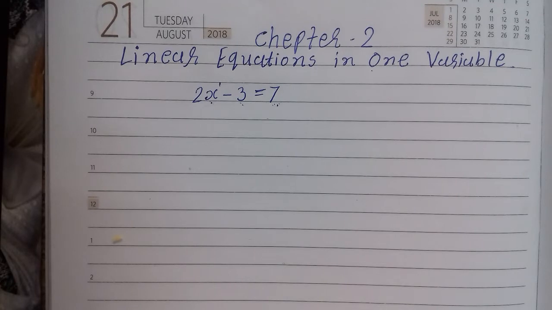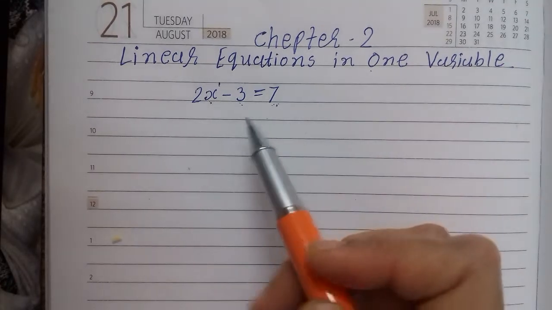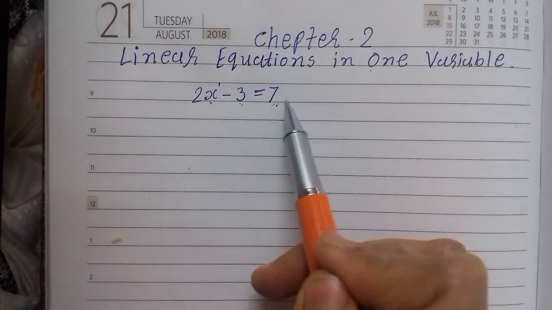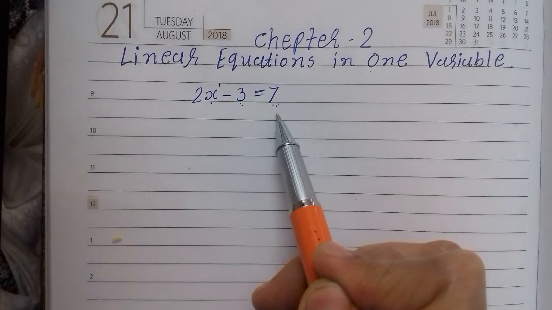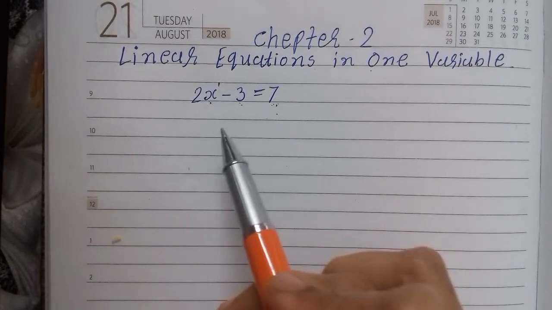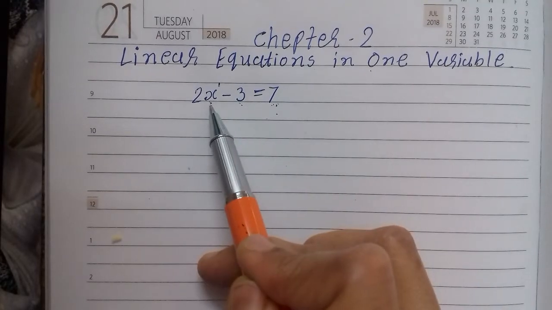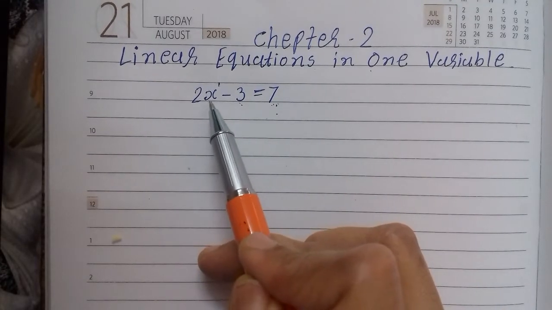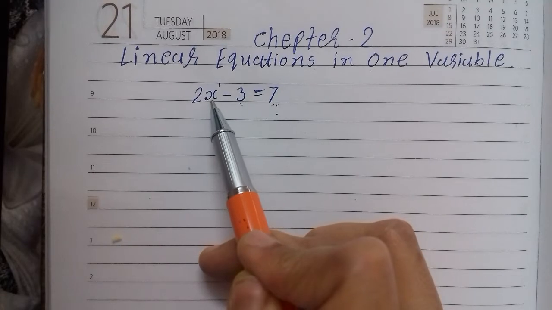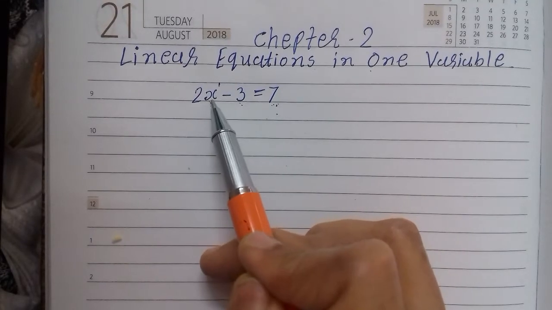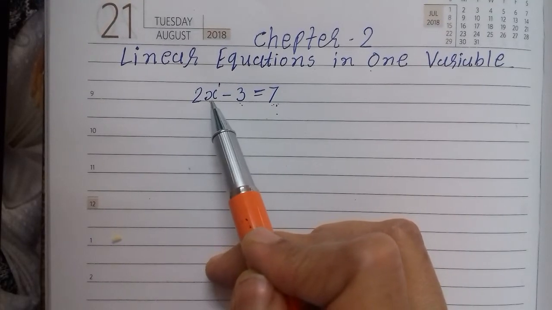In an equation, the values of the expressions on the LHS and RHS are equal. This happens to be true only for certain values of the variable. So here we will find the value of the variable, that is the value of x.